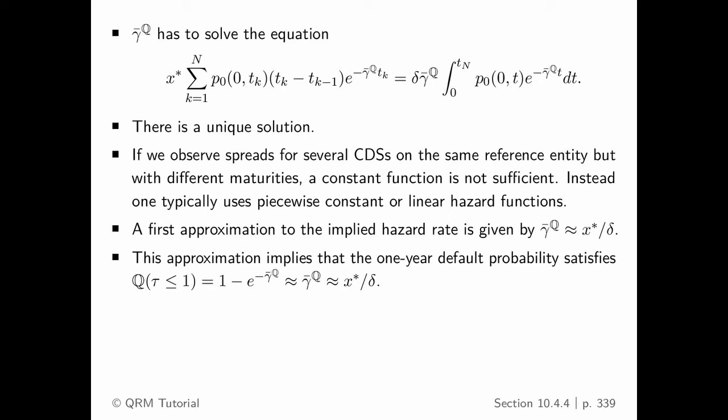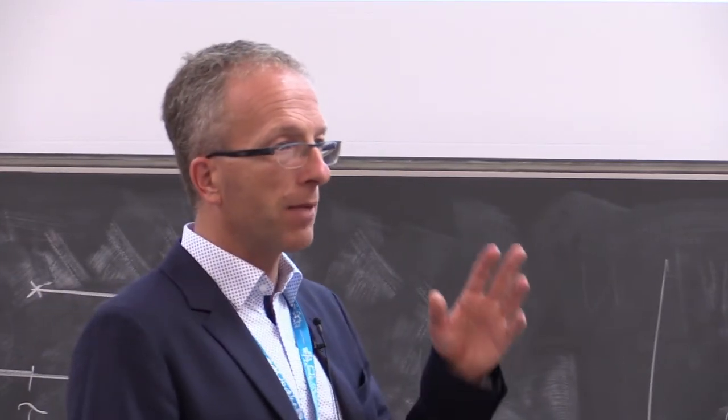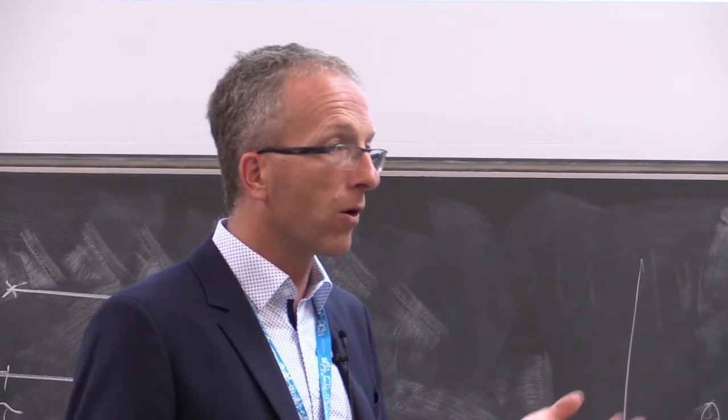The value of the default payments increases if the default intensity or the hazard rate goes up, because if the hazard rate goes up, it's more likely that default is going to happen before the maturity, and if it happens early, which means I discount less. The value of the premium payments is, of course, decreasing in the default intensity. If the default intensity is small, the value of the premium payments is quite high because it's likely that I'm going to get all of them.